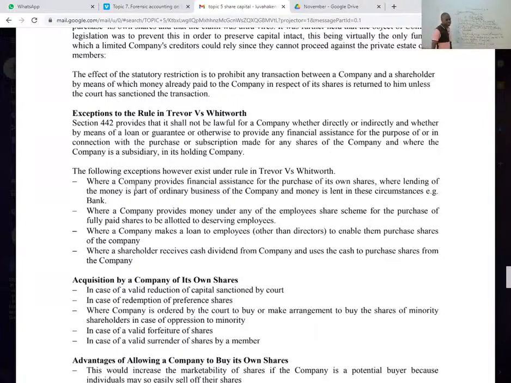And of course, the trick is they'll trick you with purchasing and financing. They'll ask you, state the exceptions under which the company can finance the purchase of its own shares. Since you've not noticed the term financing, you'll end up stating the ones under purchasing. They'll know the student is clever and will easily tell those exceptions, so they'll trick you by asking only for those under financing.